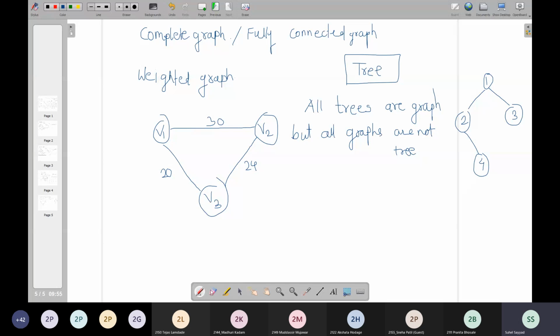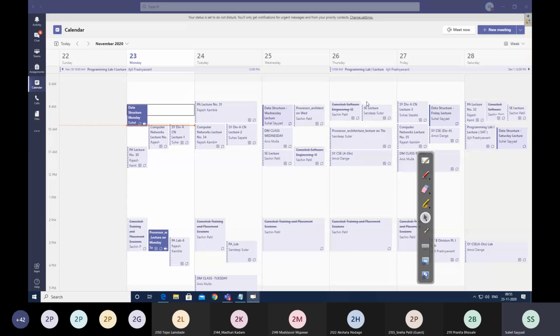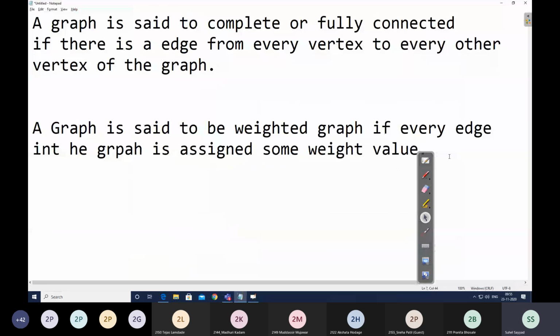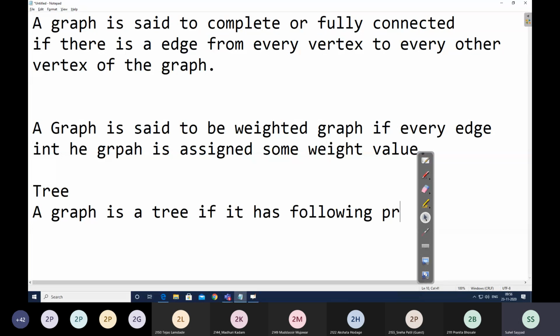So can I define tree in the form of a graph? Yes. Let us define it. I'm defining now tree as a part of graph. A graph is a tree if it has following properties. First one, it is connected.